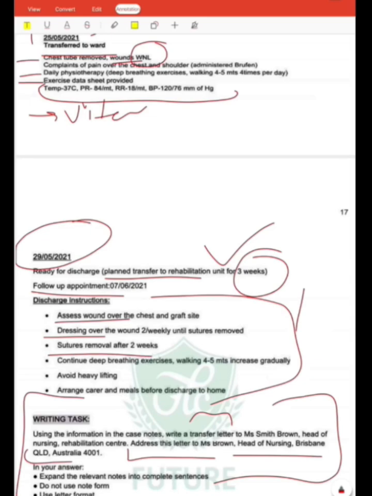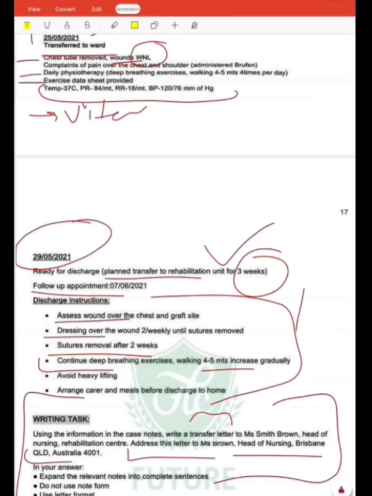Suture should be removed after 2 weeks, and we are requesting her to continue his deep breathing exercises, which were walking and deep breathing techniques. And walking can be increased gradually.